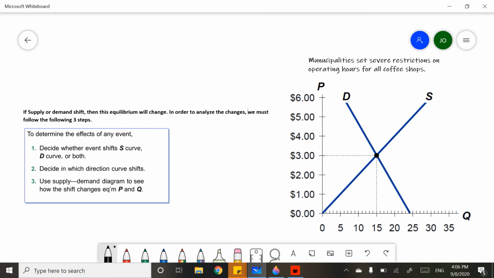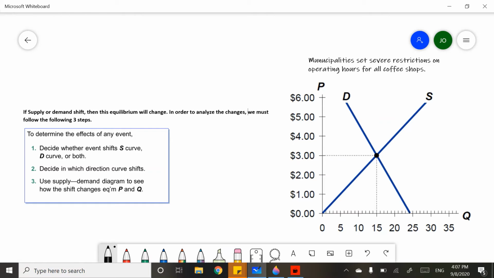Now, why do these changes in prices and quantities happen? They happen because of the determinants of demand and supply. These are factors that change demand or change supply. And if we change one of these, we're going to see a change in price and quantity in the market.